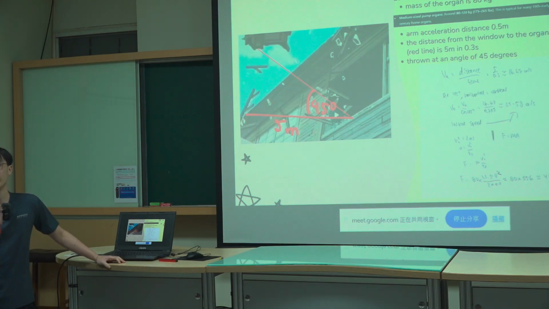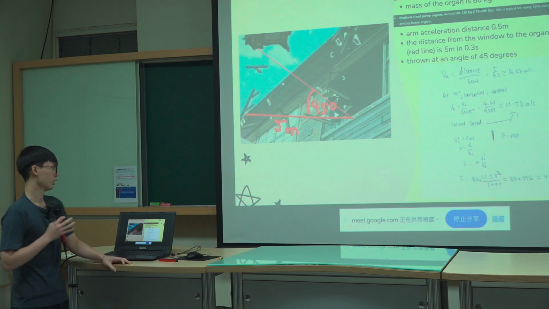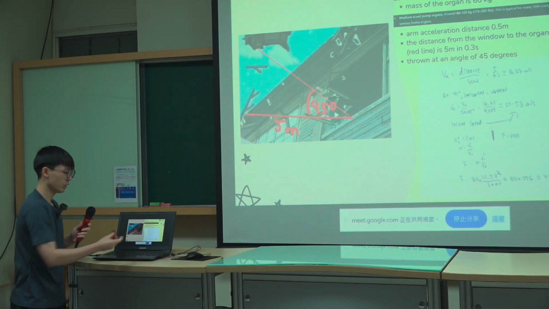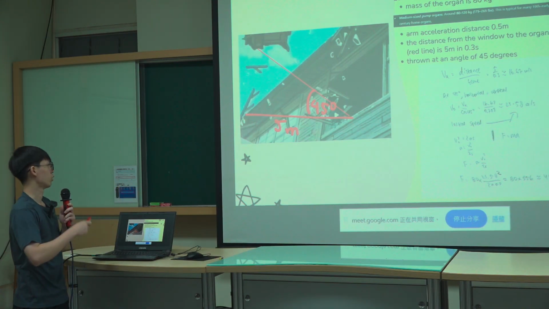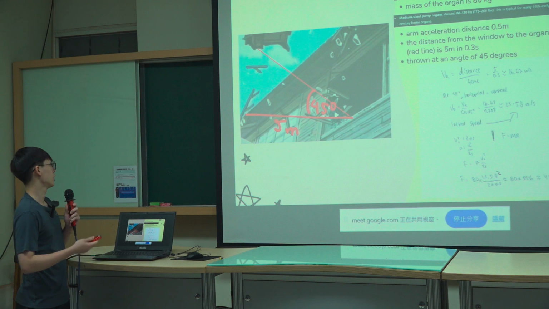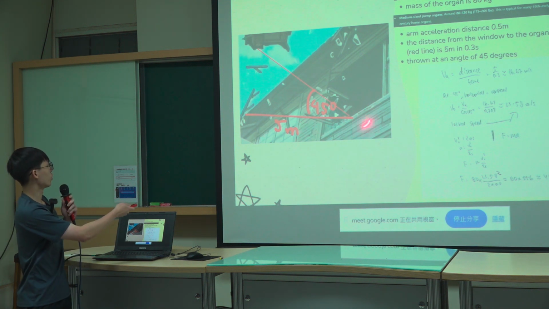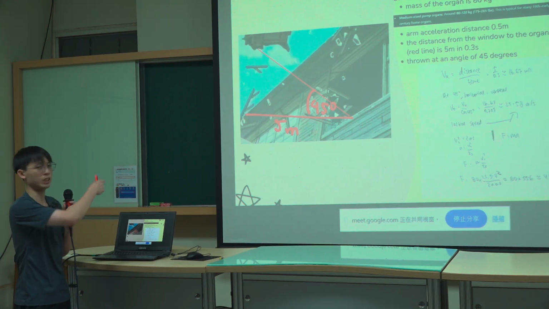So the analysis is, from the video, I can assume that the distance from here to here is around 5 meters. And judging from the time it took in the anime, it takes the organ 0.3 seconds to reach that part.